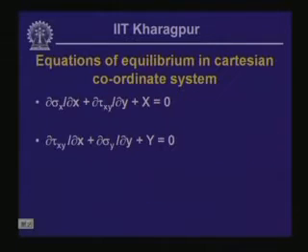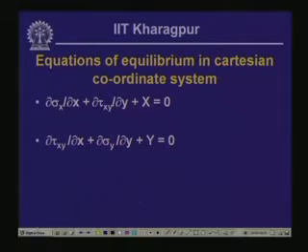Well, the equations of equilibrium in Cartesian coordinate system are del sigma x del x plus del tau xy del y plus X equals 0, and del tau xy del x plus del sigma y del y plus Y equals 0, where X and Y are the body force components.